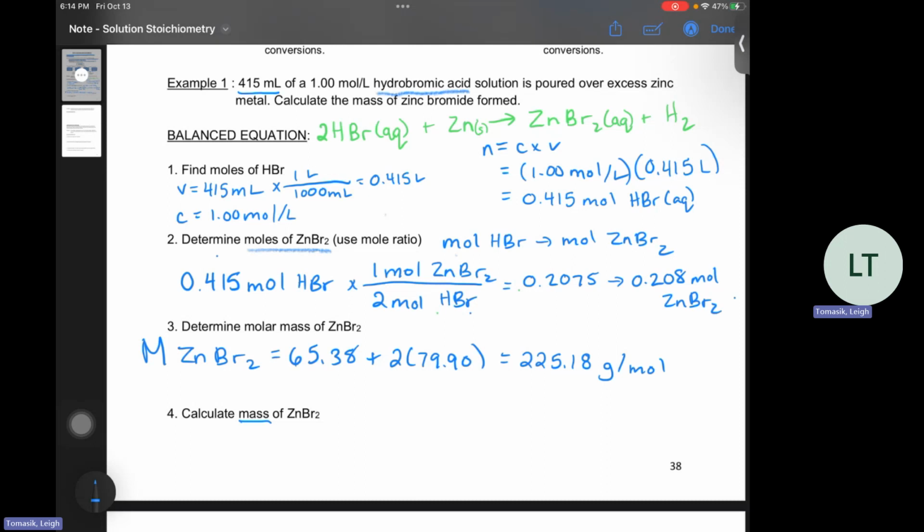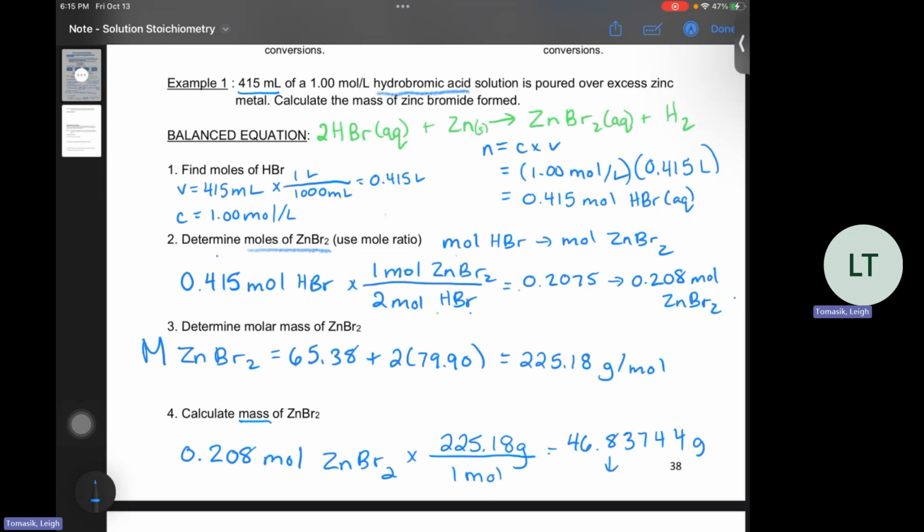So to find the mass, right, I have 0.208 moles of ZnBr2 times 225.18 grams per 1 mole, and I would get 46.83744 grams, right?